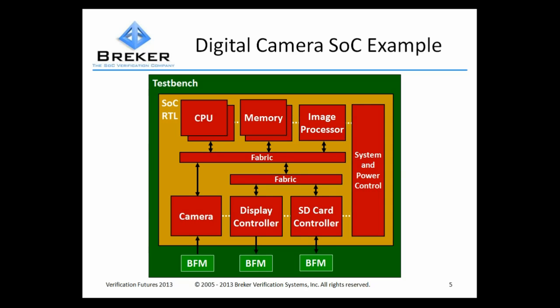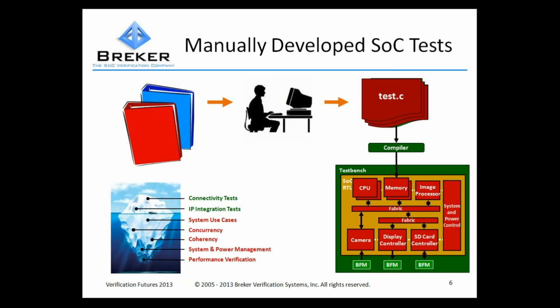Let's take a typical example, a digital camera, where you may have a single or multi-core processor, multiple memories, an image processor, a fabric, and all these other things. And you have a test bench sitting around it. This is your SOC, and you have the test bench. Typically, you develop manual test cases. You go through the spec, and you have a bunch of engineers building their C test cases.